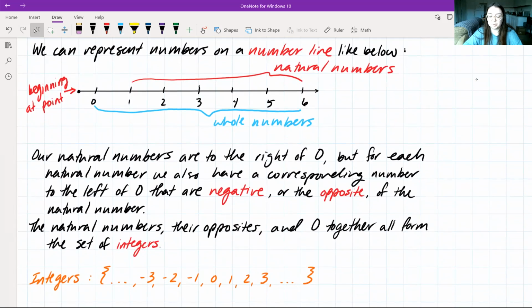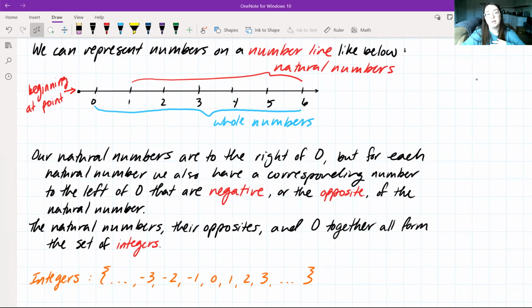So our natural numbers are to the right of 0. But for each natural number, we also have a corresponding number to the left of 0 that is negative, or the opposite of the natural number. If we have the value of 1, we also have the value of -1. With positive 2, we also have -2.